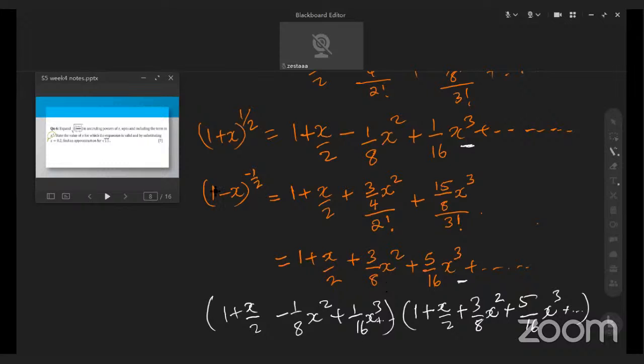Yes, Bridget, your hand is up. Teacher, the second equation, this one for Westonga, isn't it 1 plus x out of 2 minus 3 out of 8? Because remember the x is negative.